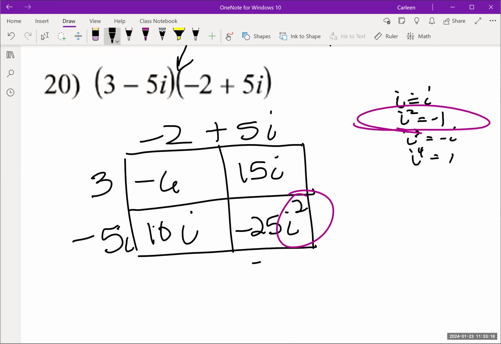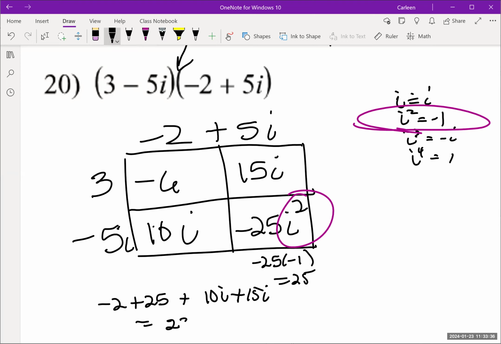So this is negative 25 times negative 1 is 25. So now we combine like terms. Negative 2 plus 25 plus 10i plus 15i equals 23 plus 25i.